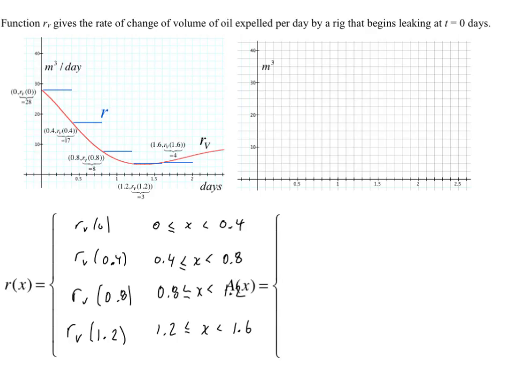Okay, so we want to write the accumulation function based on, this is 1.2. Okay, so we're going to write the accumulation function based on these constant rates. Based on these constant rates, so we know the math, right? So we're doing a function now, so we want to think about any point.